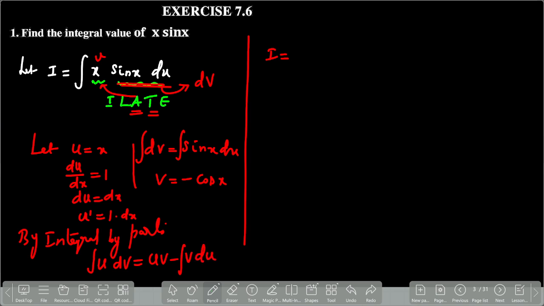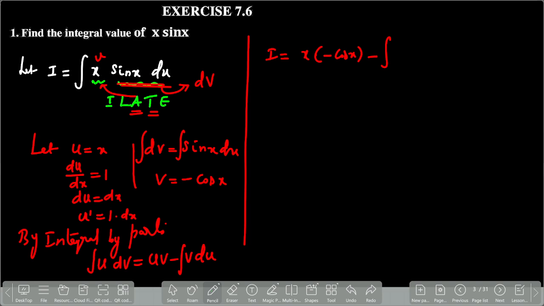This is I. Now here u equal to x, that is u, x into v, which is minus cos x, minus integral v, minus cos x.